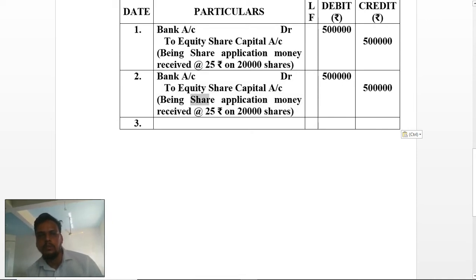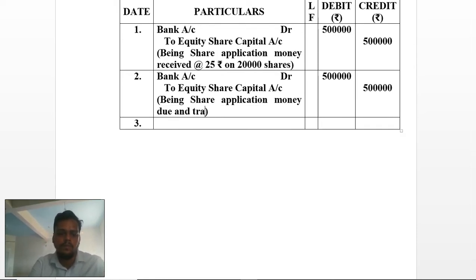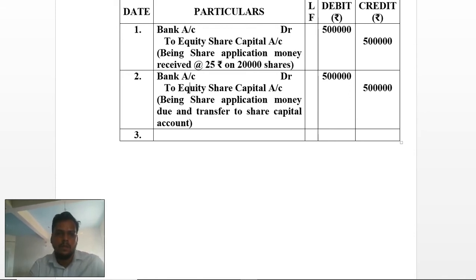Share application money due and transfer. Your entry has to be very clear. I have mentioned something wrong here. Here not capital will come, it will be equity share application account.